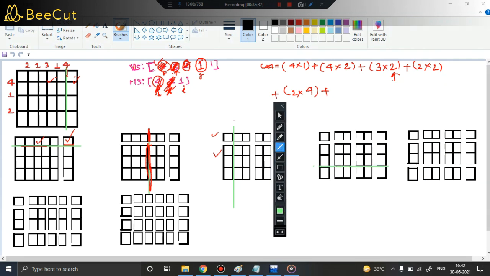Now we are going to perform a vertical cut, but this time along which axis? After we cut this, we got this, right? And after that, we are going to perform a cut along this edge.